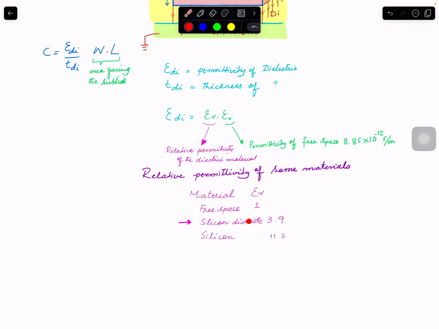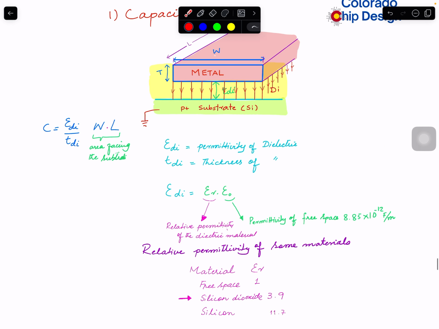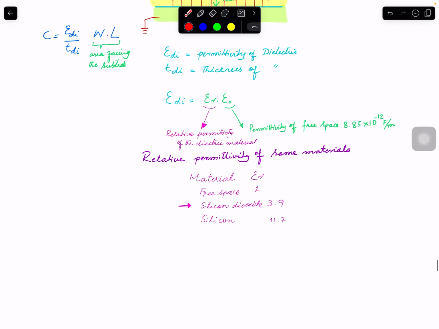Silicon dioxide has 3.9, but silicon itself, not the dioxide, is 11.7. So a lot more capacitance just from the material itself, without worrying about how close or large the plates are, for a given thickness. Silicon has a lot more.